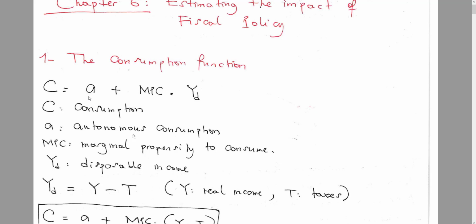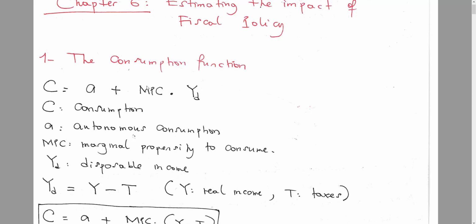We're not going to look at it in detail, but just to put it in perspective, how much you consume when you have no income could be past savings. So you have income 0, but you can still consume. At the national level, it could be unemployment insurance, all sorts of transfer payments, welfare. So A depends on all that: how much the economy consumes even though there is no income.